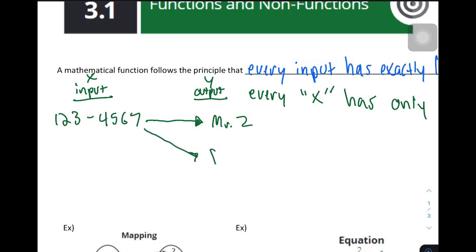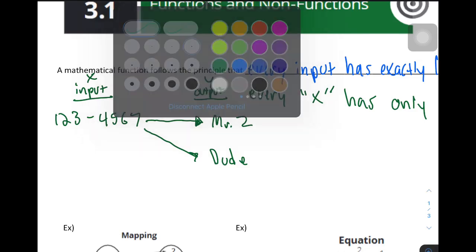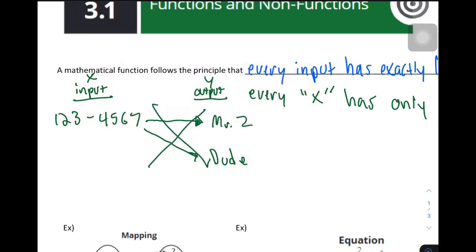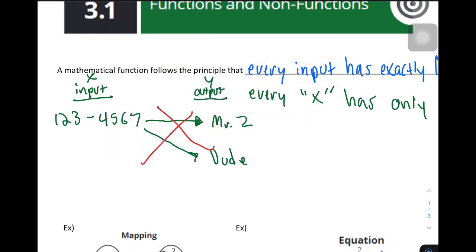So this, where I just had this dude, this is definitely not okay. Let me do that in red so we can see it a little better. This is not a function, because this input has two outputs, and that shouldn't happen. Every input should have exactly one output.